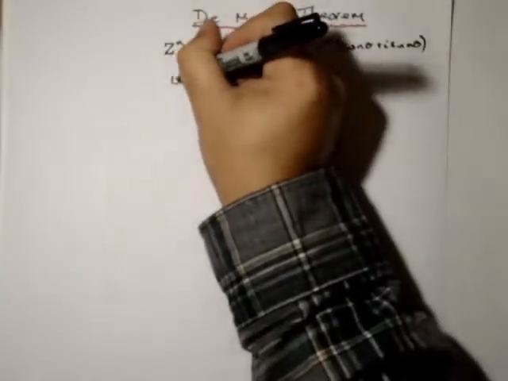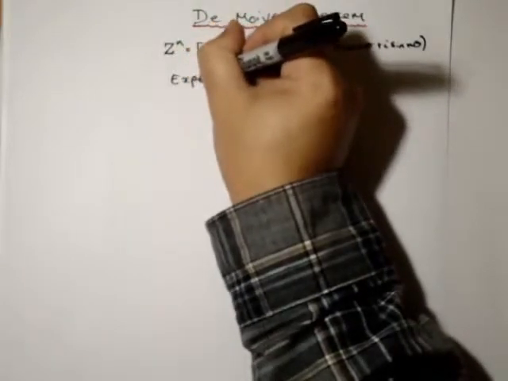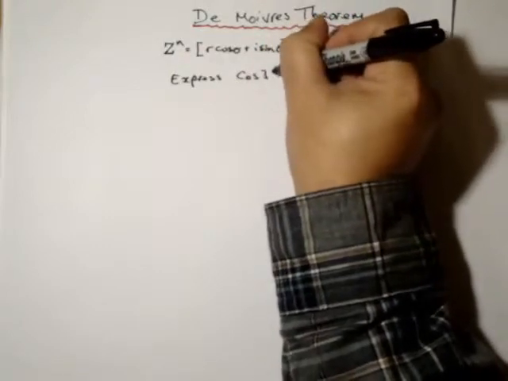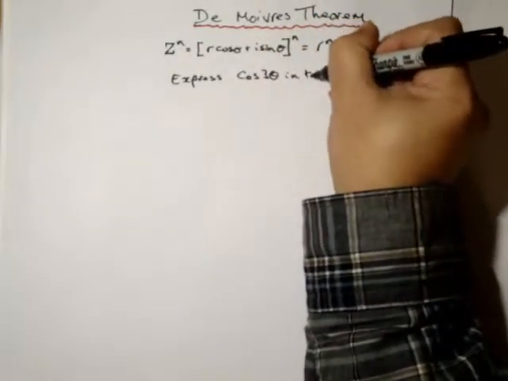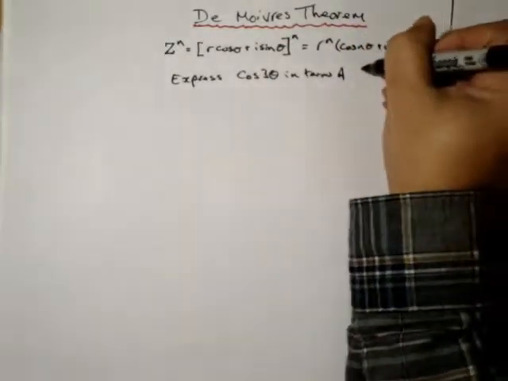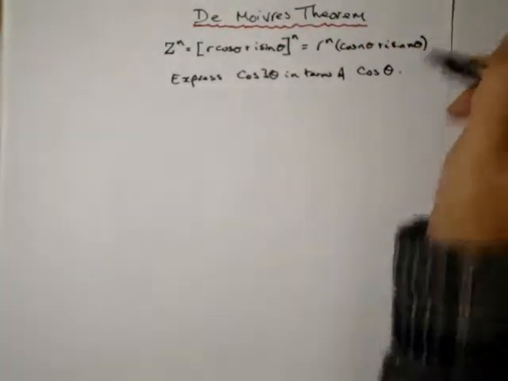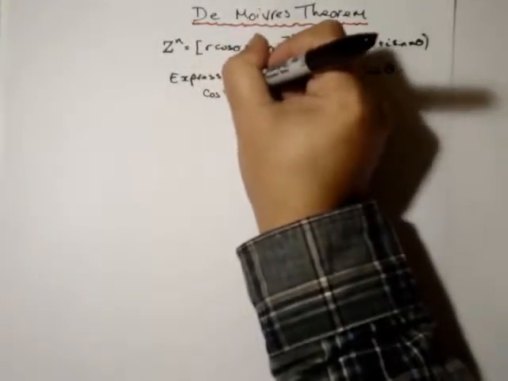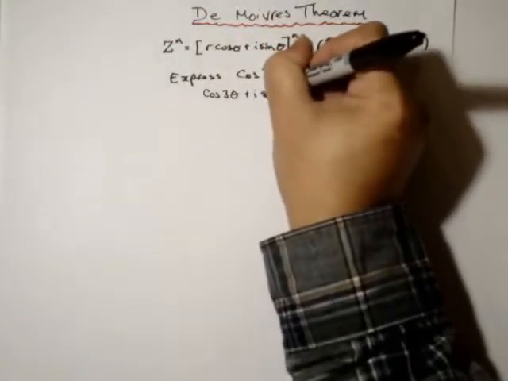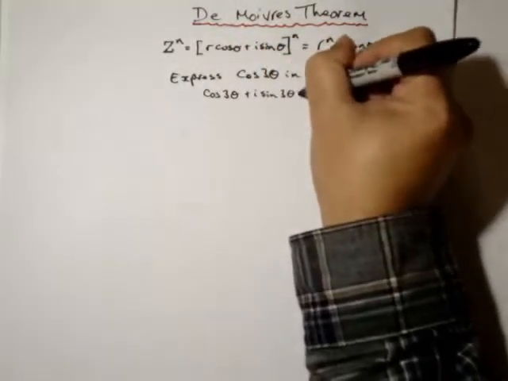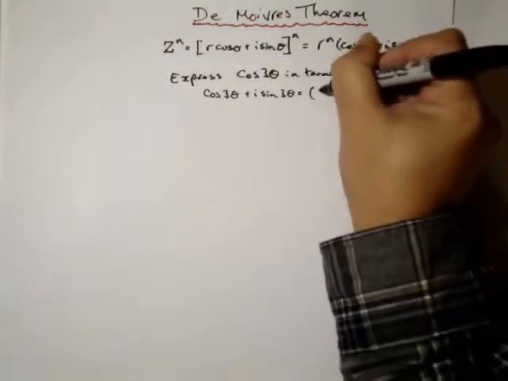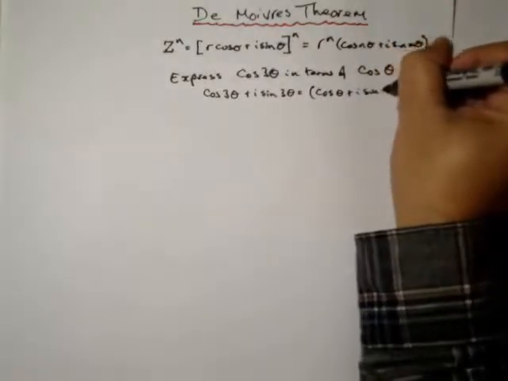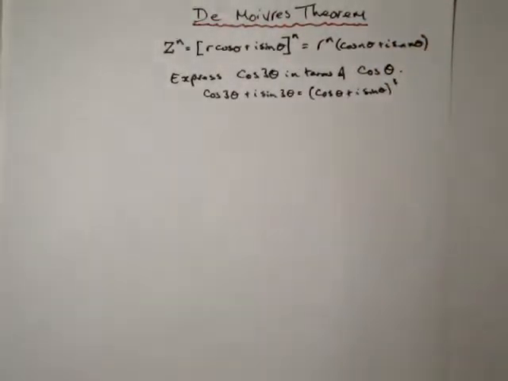So if we were asked to express cos 3 theta in terms of cos theta, this means that cos 3 theta plus i sine 3 theta equals cos theta plus i sine theta all to the power 3.